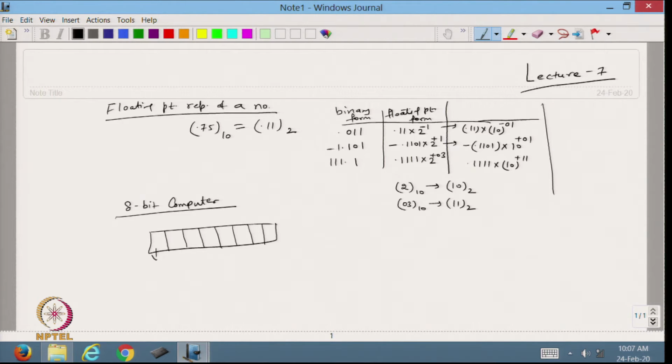The first bit is for the sign, then the next 4 bits I will take for the mantissa part, and the remaining bits are for the exponent part. And this is the sign of the exponent.